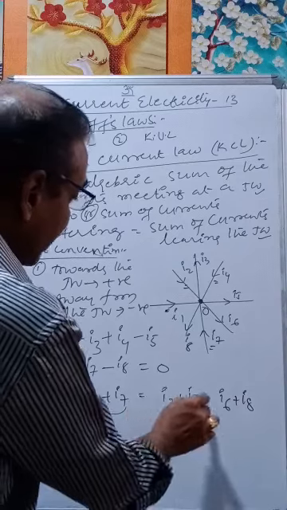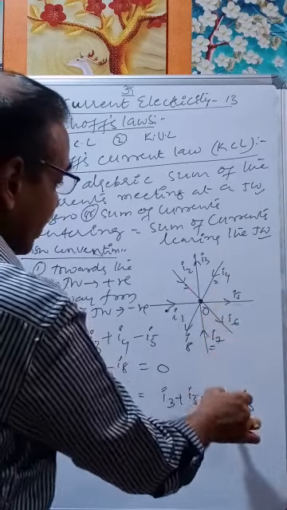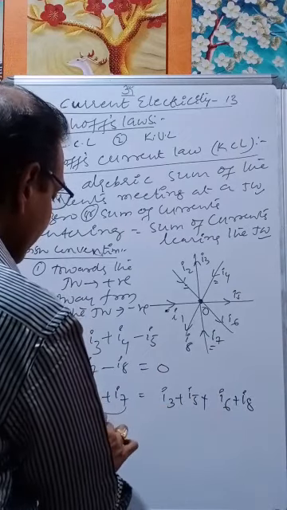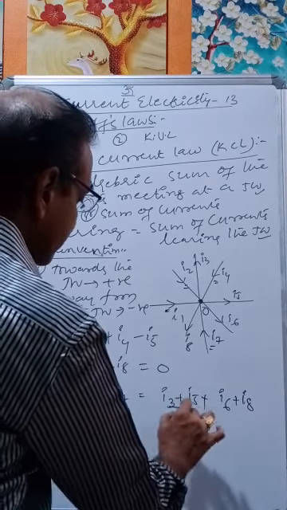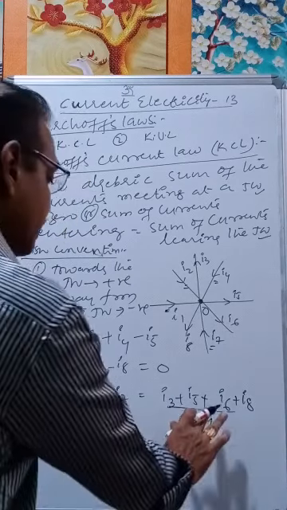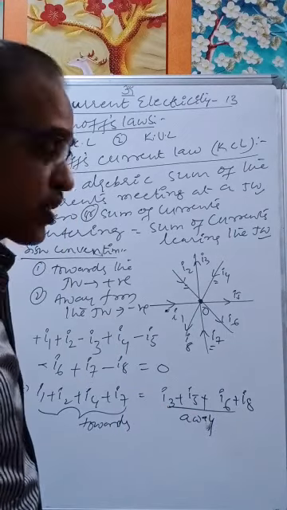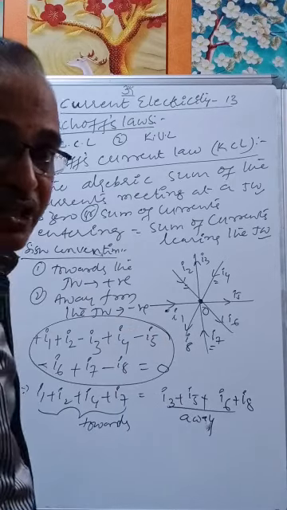I3, I5, I6, I8 are away. Therefore, sum of the currents flowing towards the junction is equal to sum of the currents flowing away from the junction.